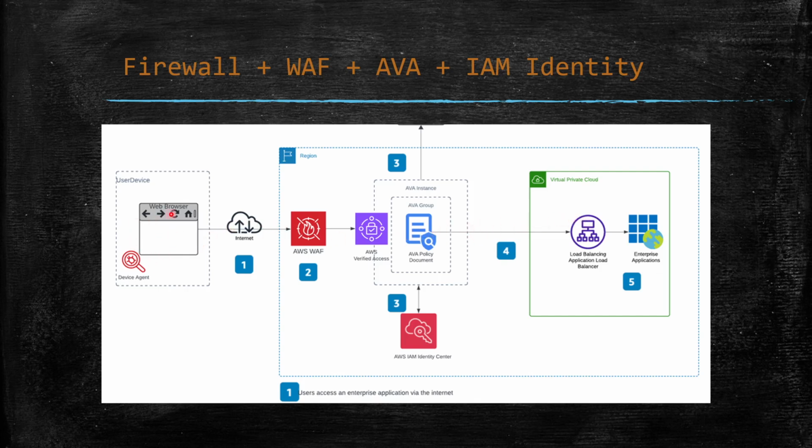So the user connecting, having a valid request from the browser, comes to the WAF first, and after the WAF it comes to the Verified Access instance, where there are two layers. One is the AVA policy document, which means all the policies that you have written as a compliance standard.